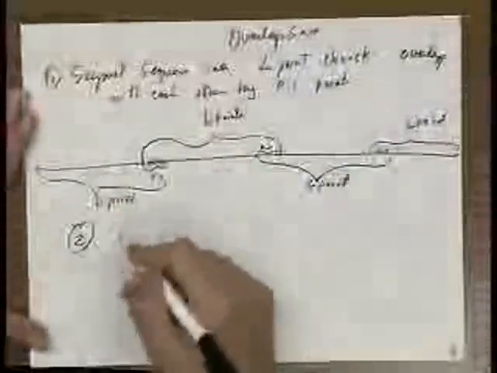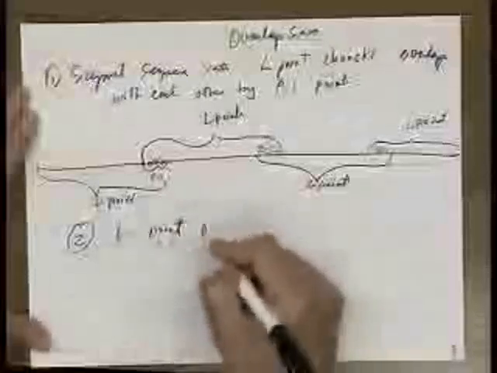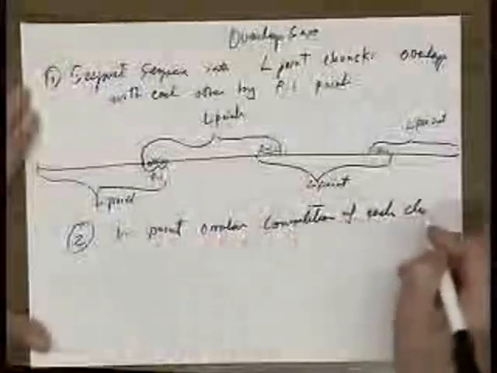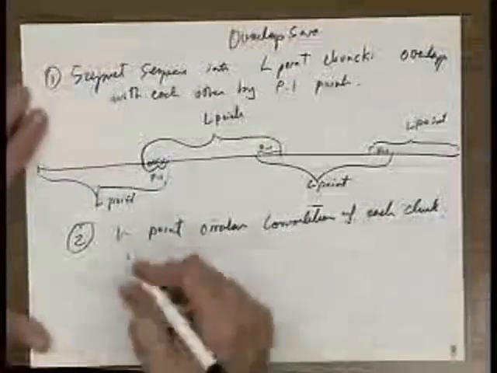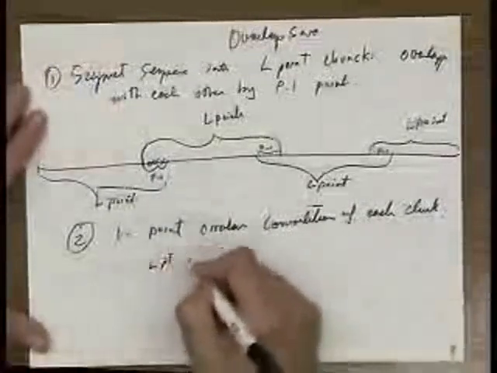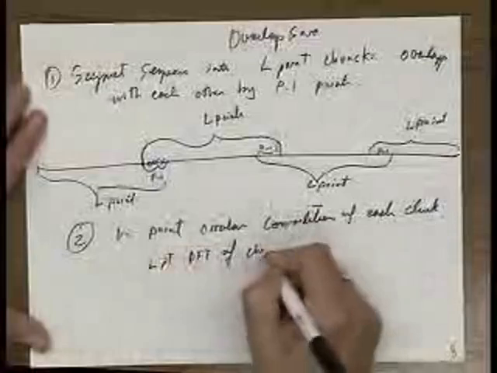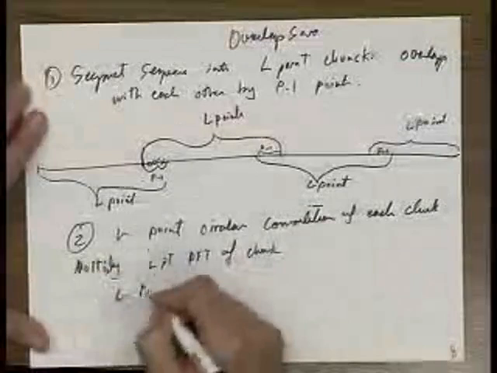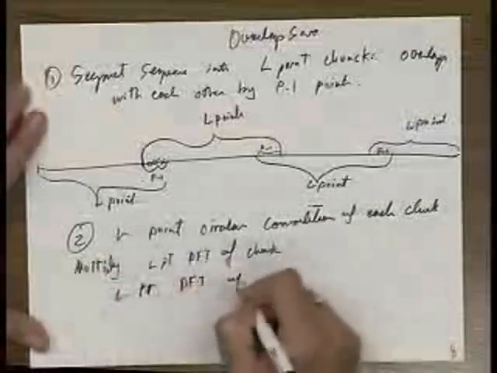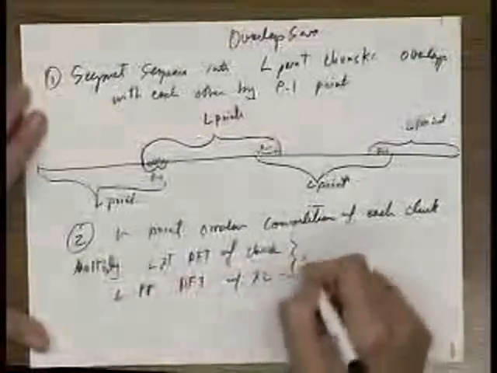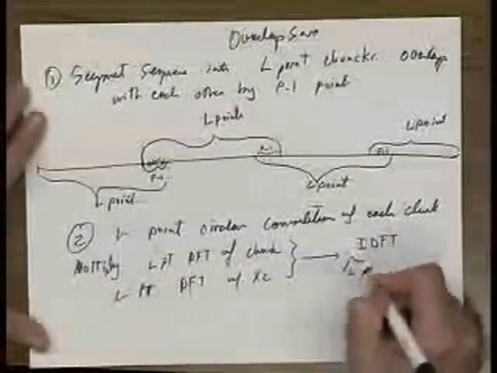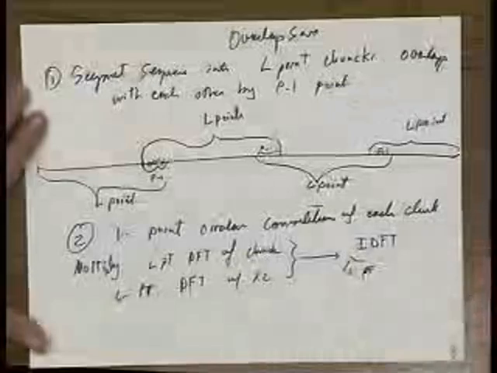And then step 2 is you want to take the L point circular convolution of each chunk. So what we want to do is multiply the L point DFT of a chunk by the L point DFT of X2, which is our filter, and then take the L point inverse DFT of that, and you get L numbers.